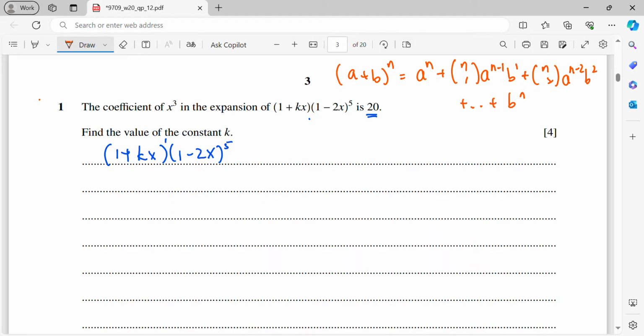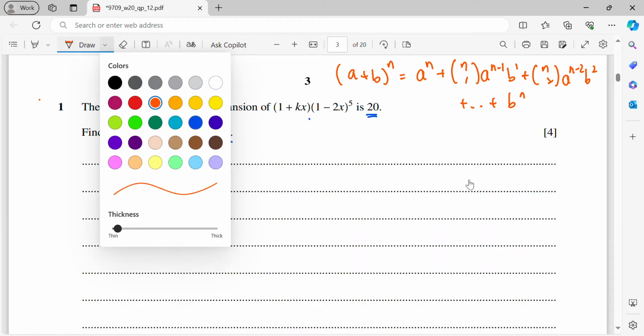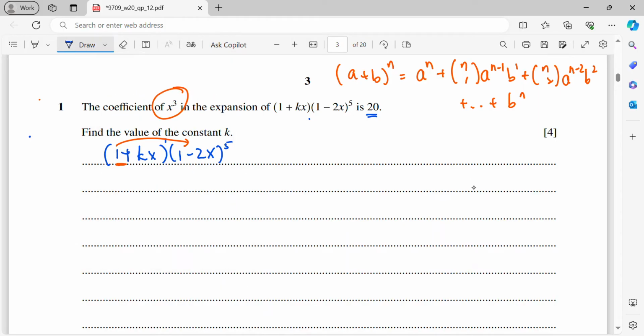So this is the full expansion. Since we are just interested in getting the x cubed, and there is a 1 here, which means 1 must multiply with x cubed. So I need to expand this degree of 5 for 1 minus 2x up to x cubed. Then only will I get the coefficient.